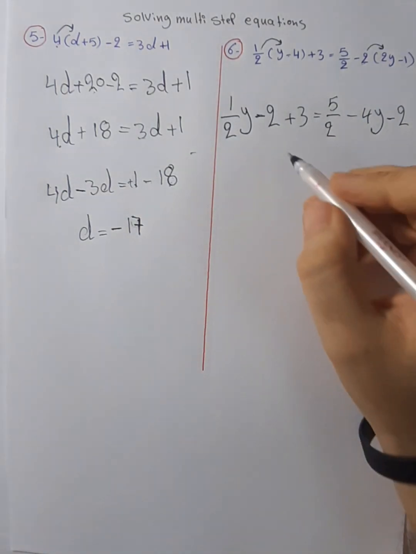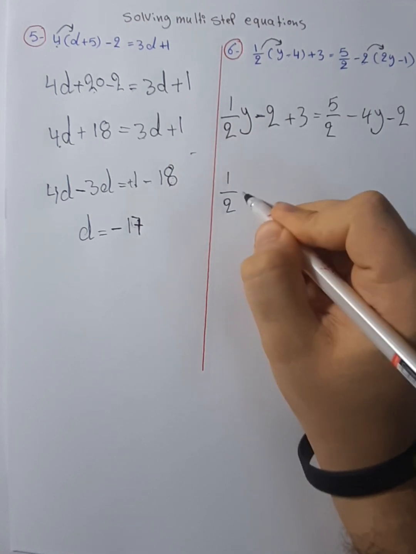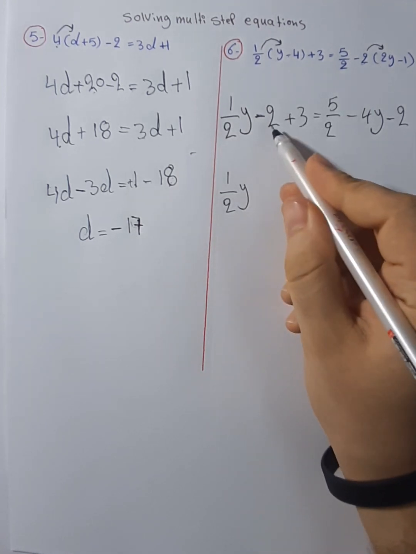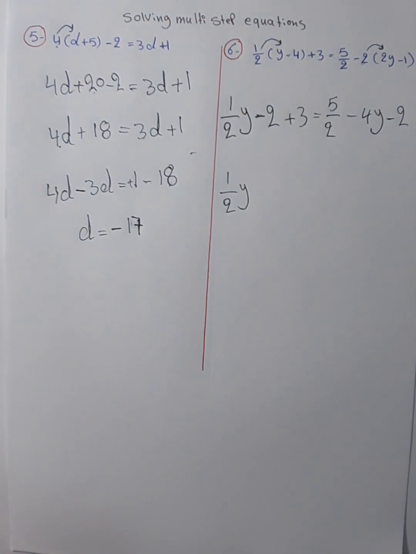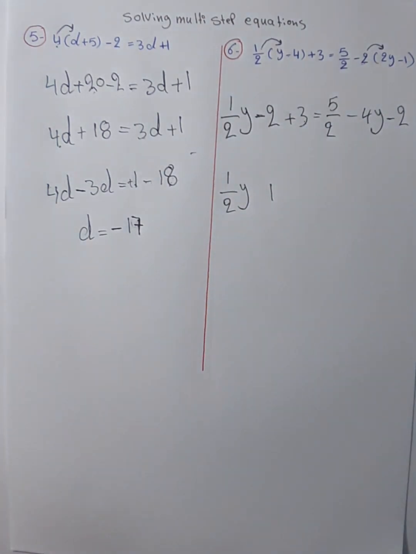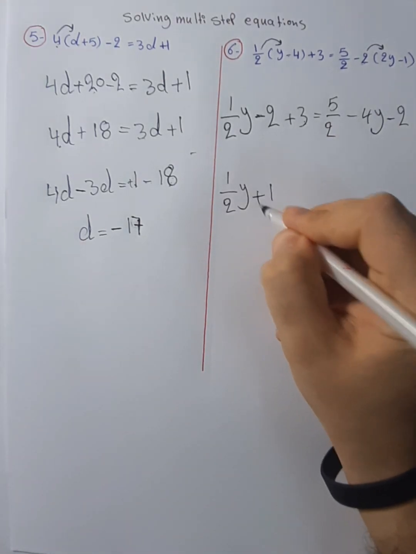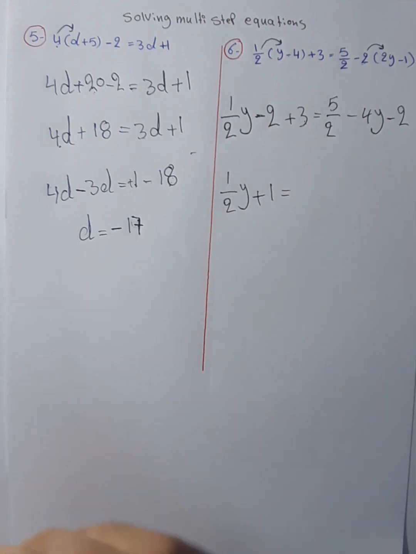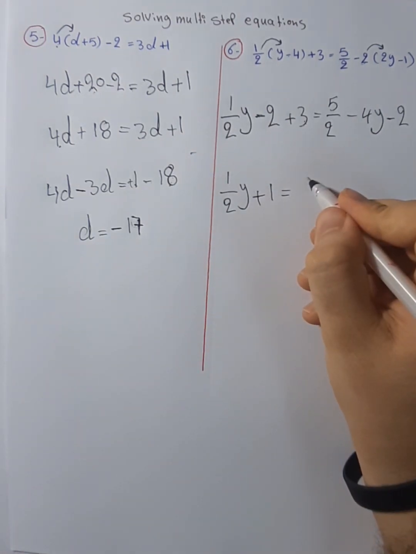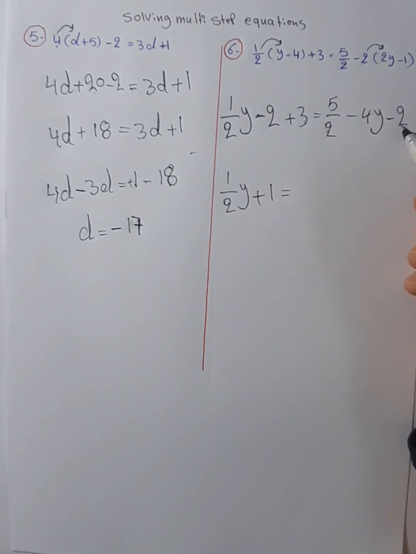After that, we can solve these two numbers. 1/2 y, minus times plus equal to minus. So you have to subtract 3 minus 2 equal to 1, and then you have to write the sign of the large number, which is 3. You have to write plus, equal to. After that, 5/2 and negative 2 are like terms. We can solve together.